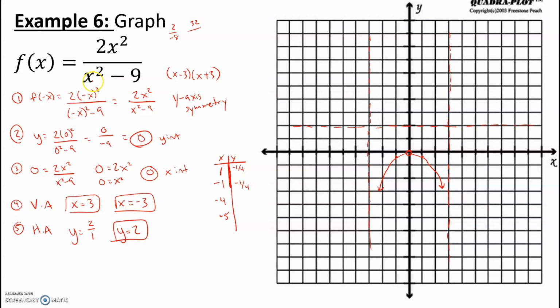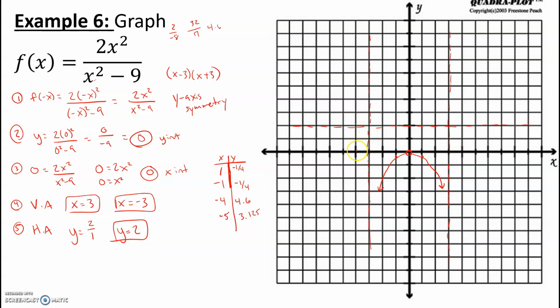And then 16 minus 9. So you got 32 over 7, which is about 4.6-ish. Decimals are okay. If you plug in -5, you should get about 3.125-ish. All right, so we're going to go ahead and graph this. Again, these are estimates, just to kind of see which way you're going here.